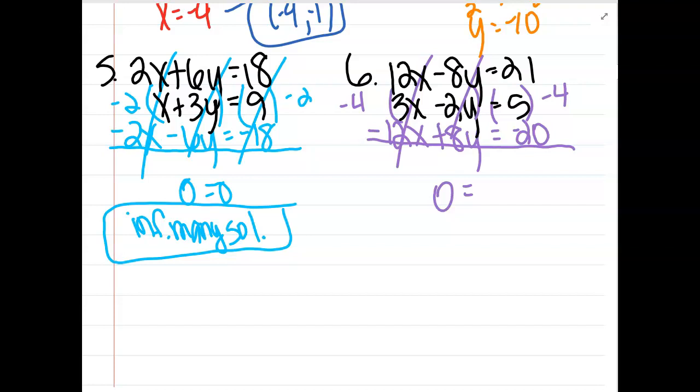When you combine those, what do you get? 1. Does 0 equal 1? No. So what is this? No solution. If you were to graph these lines, what would they look like? Parallel. Parallel, they would never cross.